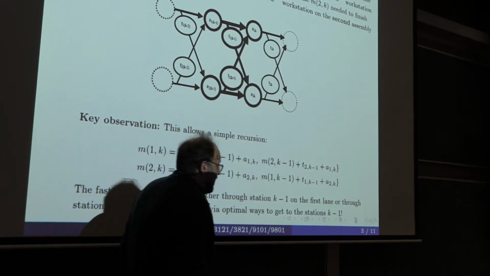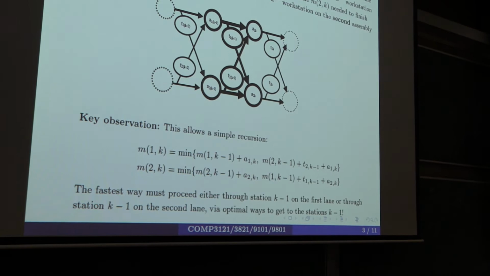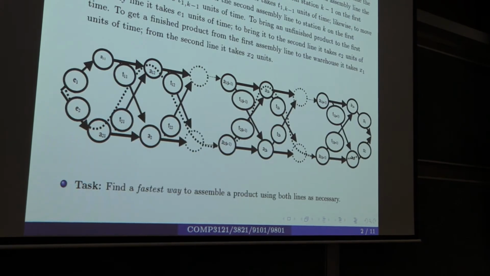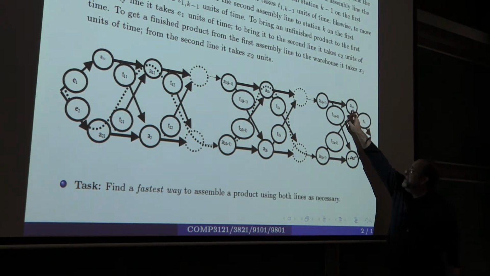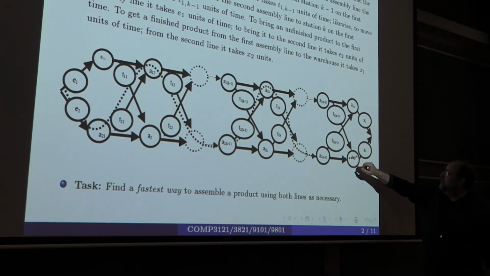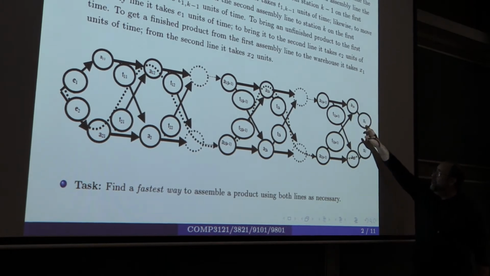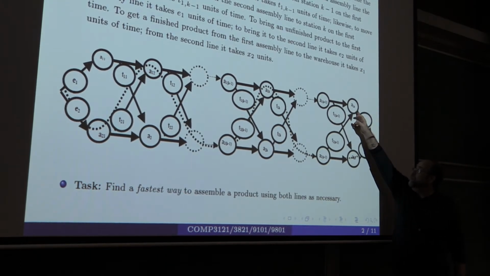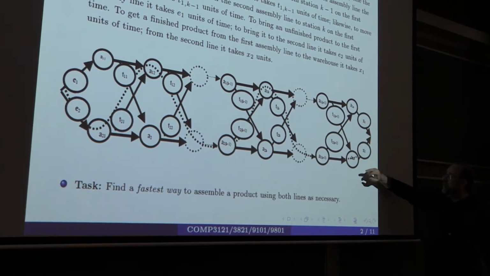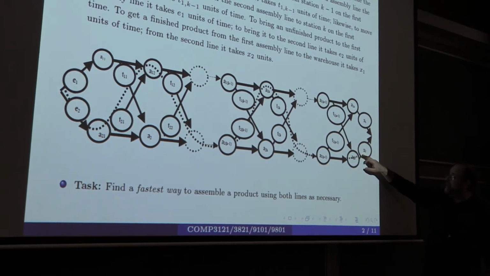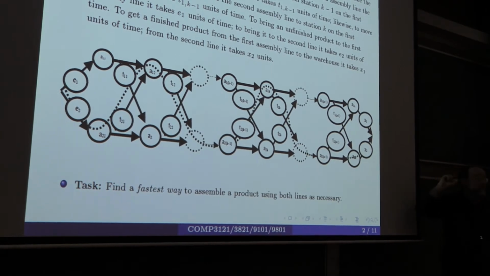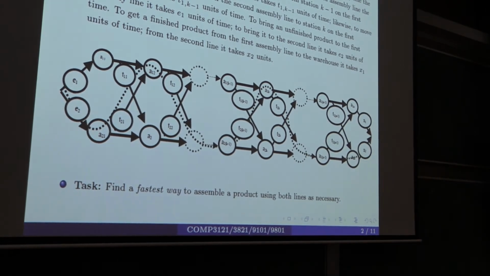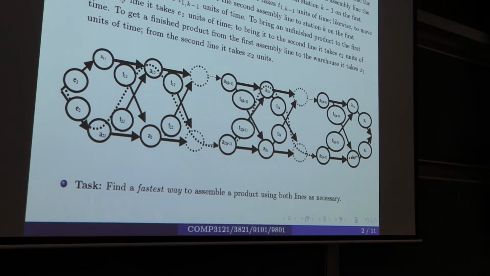And then finally, what you have to do is simply this: you will get the optimal solution to get up to here, and the optimal solution to get up to here. To this optimal solution, you add the price x1 to move from the first assembly line to the storage, and here the optimal solution up to here, plus the cost to move to the storage from assembly line 2, and you take the smaller of the two, right?